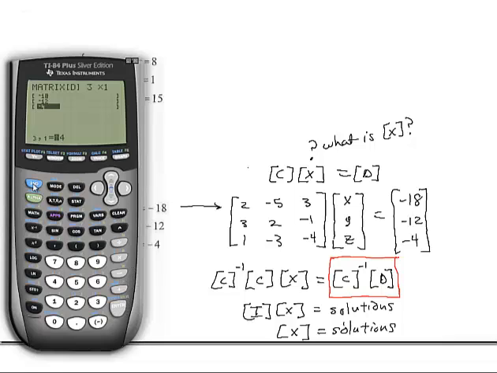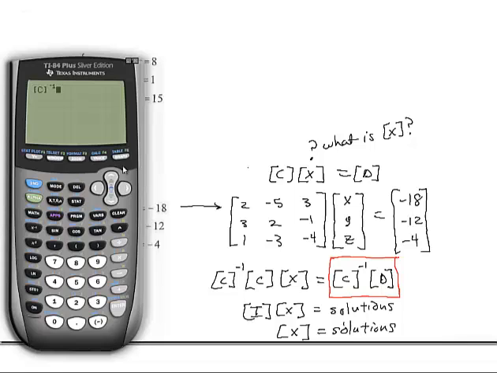Now we go back to the home screen. Alright, we hit second matrix. Under the names menu now we select C. We put in the inverse notation, exponent -1, arrow over to the right. Okay, don't hit enter because then it'll just calculate it.